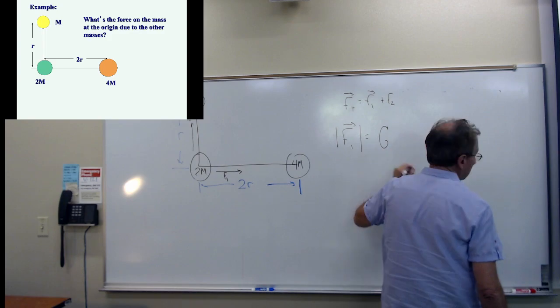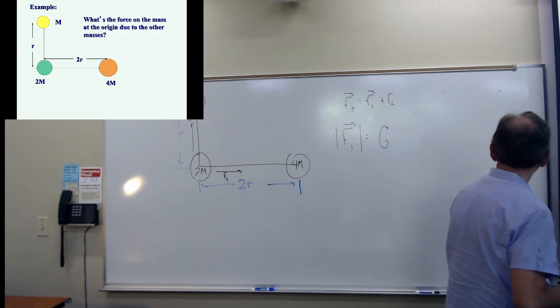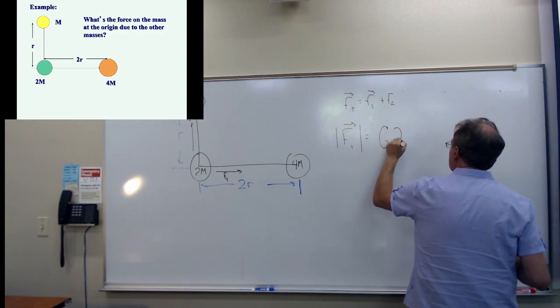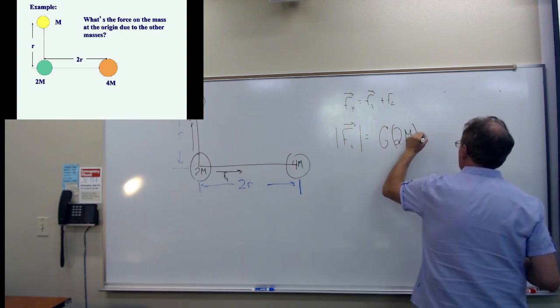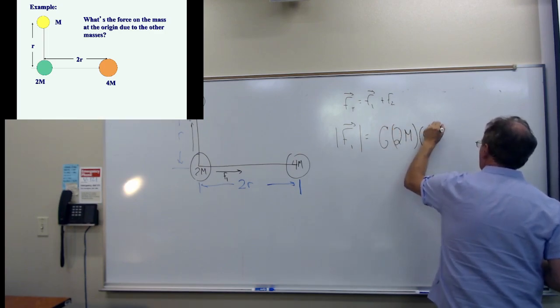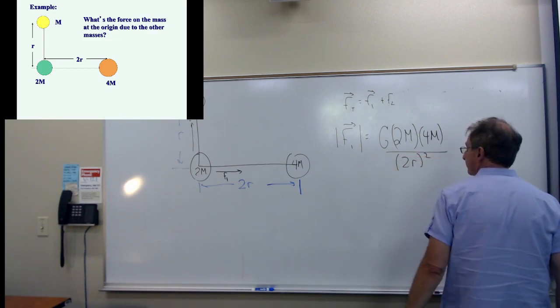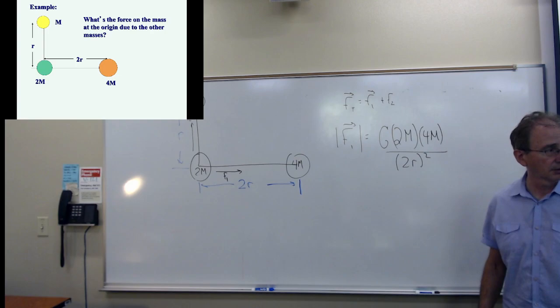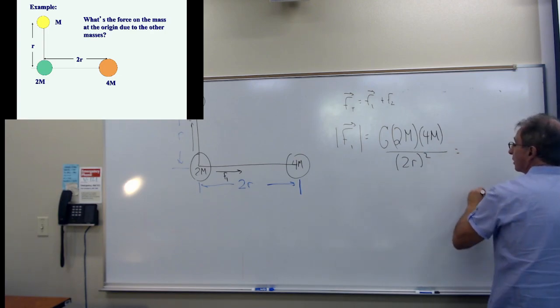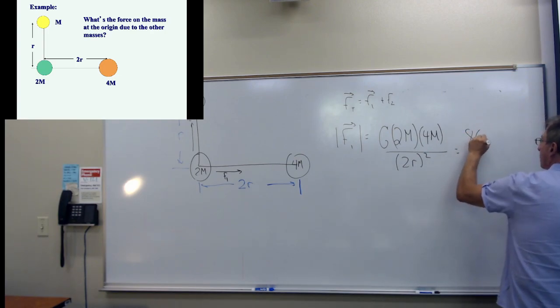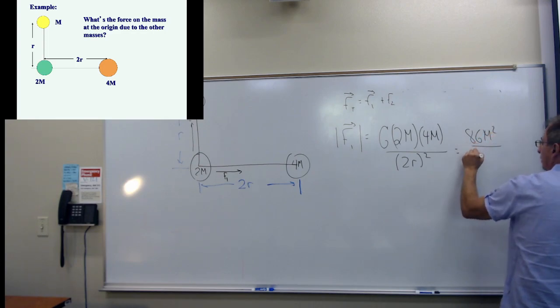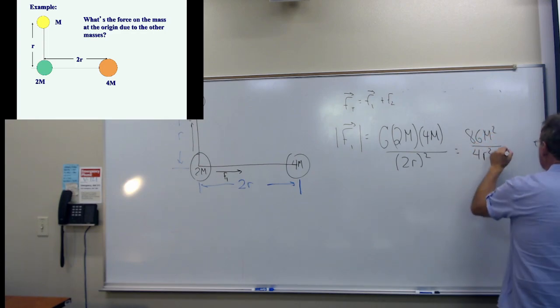We use G times the product of the two masses. Okay? And what does this come out to be? G, 8M. And this simplifies, doesn't it?